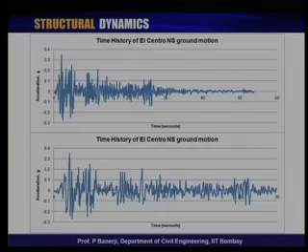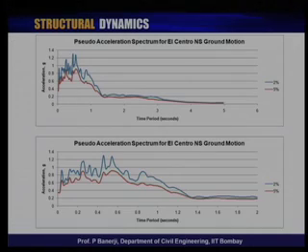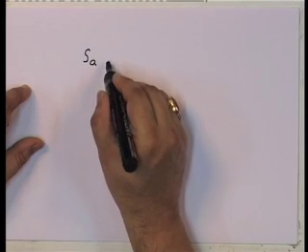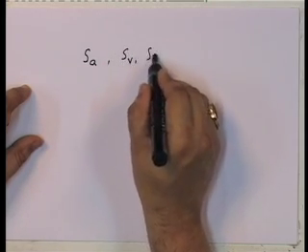Given this time history of the El Centro ground motion, you can get the spectral deformation, the spectral velocity, and the pseudo acceleration spectrum. These are unique. The problem that happens is that a design spectrum gives you SA, and from SA, SV and SD.